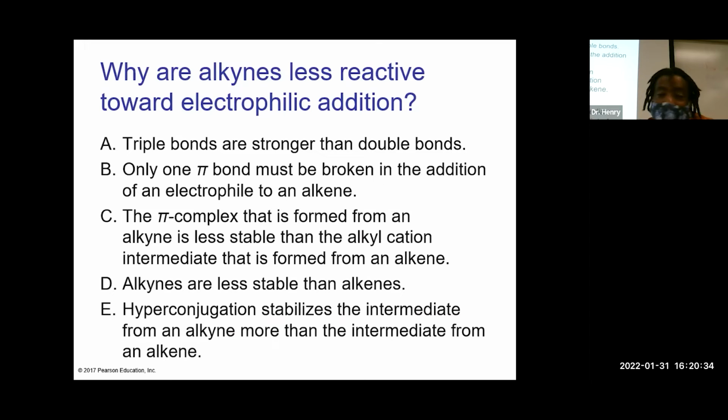A, B, or C, D, or E? Oh, wait, we got answers. Sampula says A. Do you guys agree? Triple bonds are stronger than double bonds. Is it the reason why?